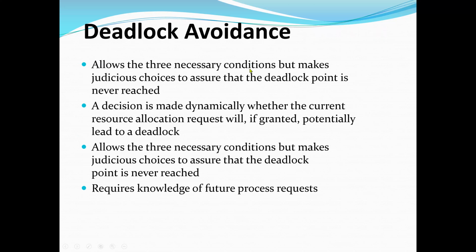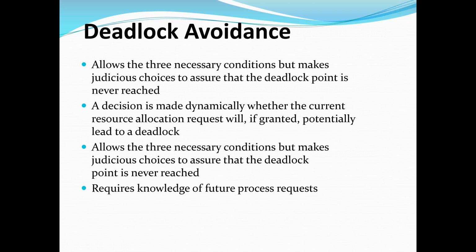Now the next topic is deadlock avoidance. Here we say it allows the three necessary conditions, but makes judicious choices to assure that the deadlock point is never reached. So this is an approach to solving the deadlock problem that differs from deadlock prevention, and that's deadlock avoidance.